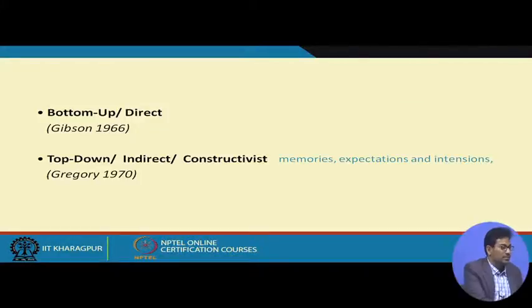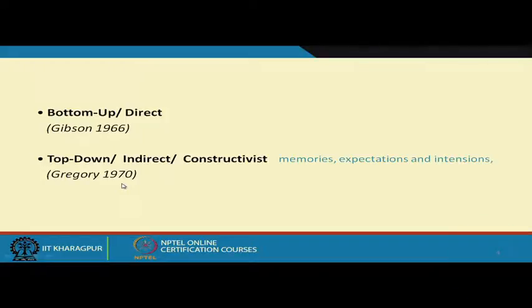Now this is referred to as the bottom up process, which was developed by Gibson, or the other process, the second process, the top down or indirect process, which was developed a few years later by Gregory. So bottom up process is the more direct approach.